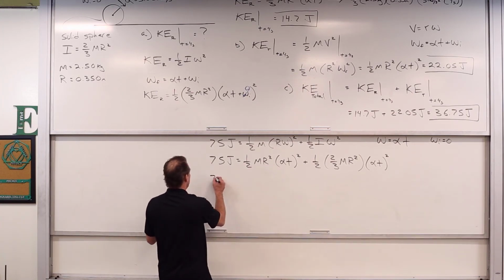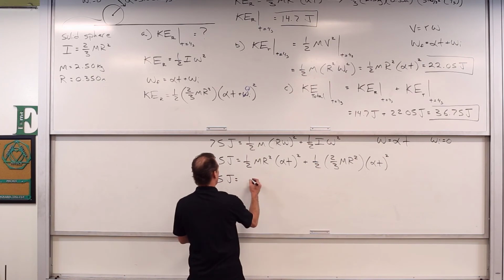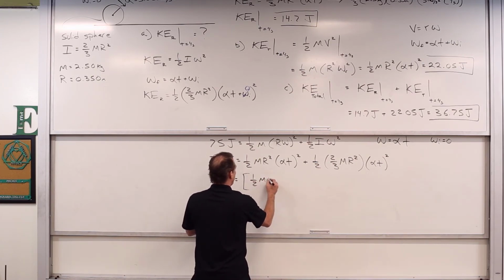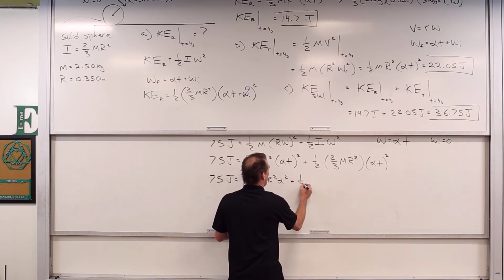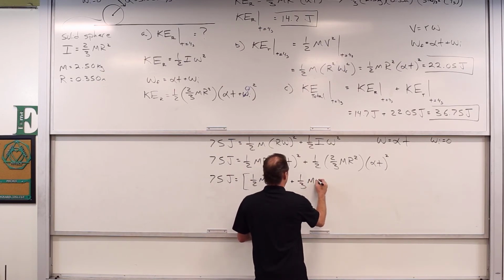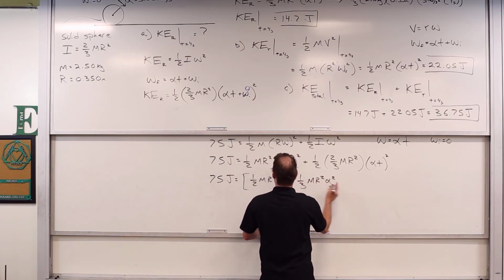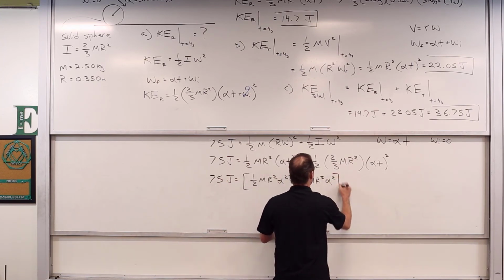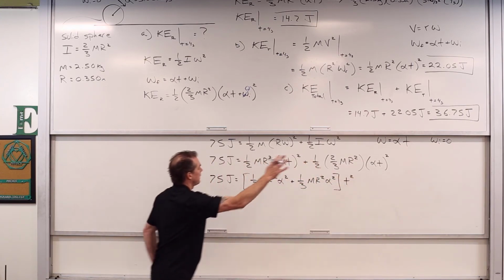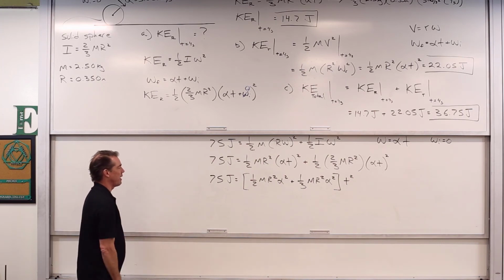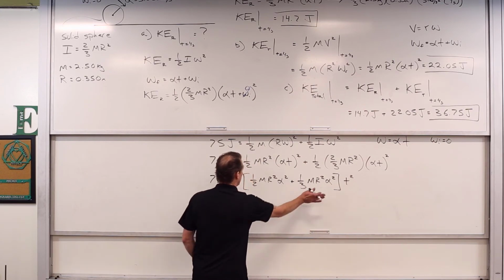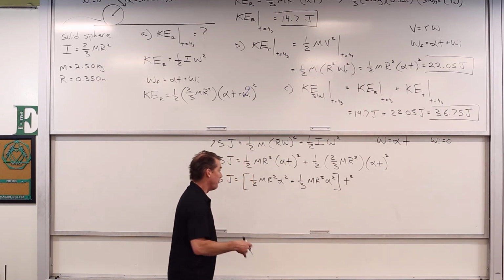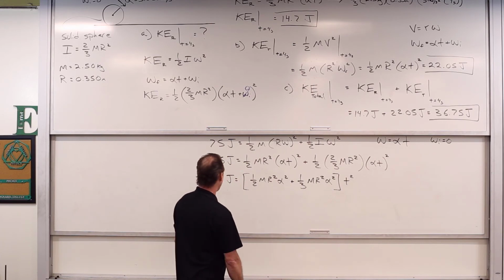Okay, let's write this. 75 joules is equal to the quantity of 1/2 m r squared alpha squared plus 1/3 m r squared alpha squared, factoring that alpha out, times t squared. Factor the t out there because that's what we want to isolate. We want to figure out the time that that occurs at. Look, everything is the same in nature. You have 1/2 of something plus 1/3 of something, that something being m r squared alpha squared.